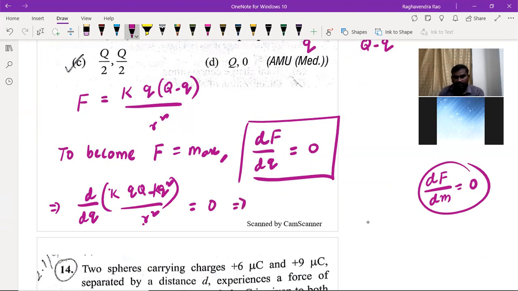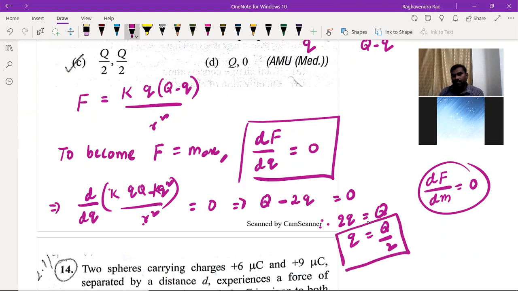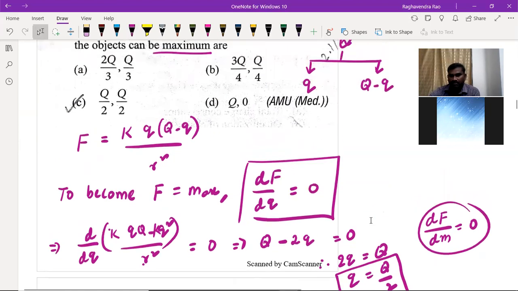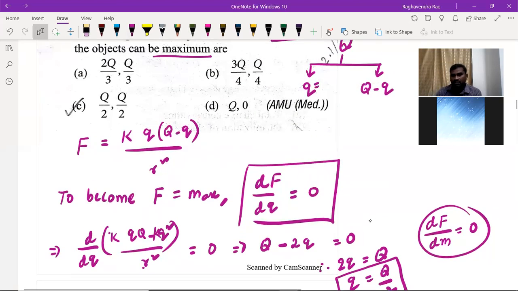That implies the differentiation of Qq with respect to q will be Q, minus the differentiation of q square with respect to q, which is 2q, equal to 0. Therefore 2q is equal to capital Q, so small q is equal to Q by 2. That means this charge is Q by 2, and the other is Q minus Q by 2, which is again Q by 2.